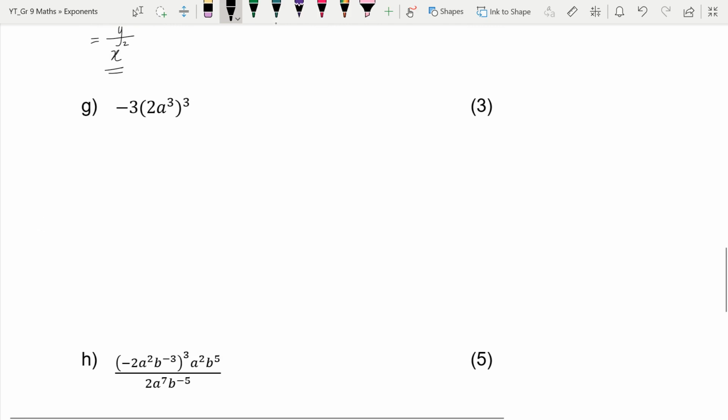Okay, for G, we need to be mindful that we've got that coefficient over there. What I see students do is multiply the negative 3 and the 2 to get that, and then they would, I guess, put that whole thing to the power of 3. We can't do that. That exponent, where this bracket is raised to the power of 3, only applies to that. So we're just going to wait a little bit with that. We've got the negative 3 that is being multiplied with the rest of that sum.